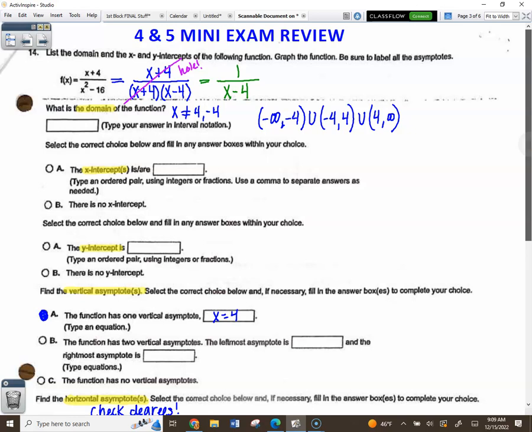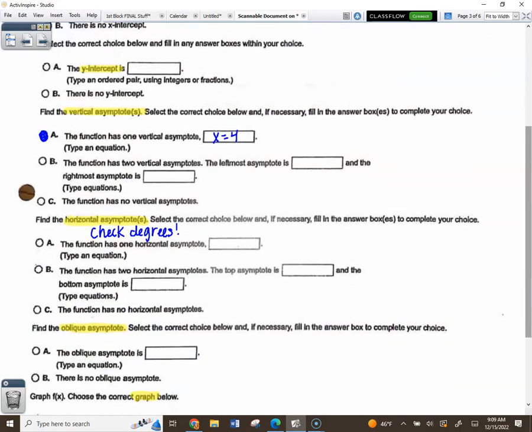So the degree on top is smaller than the degree on bottom, right? Because this is degree 0, because there's no x. And then this is degree 1. So I'm going to say degree on top was 0, degree on bottom was 1, which means the numerator is less than the denominator.